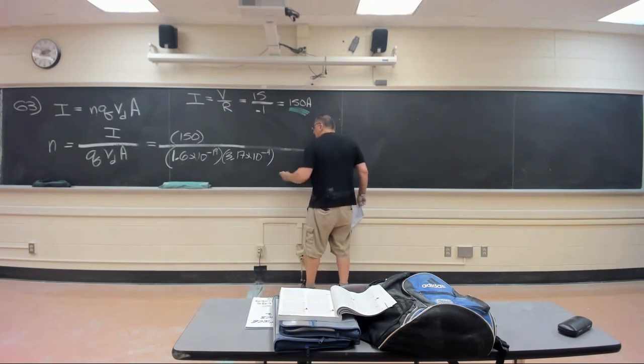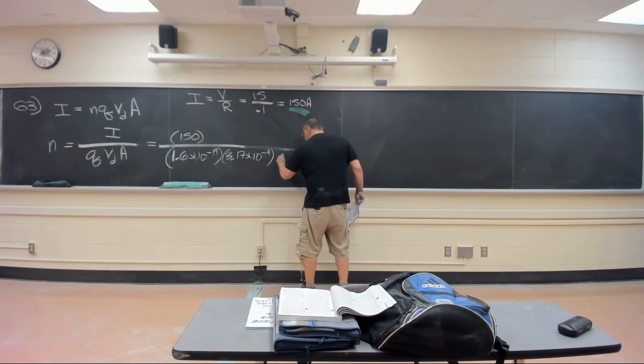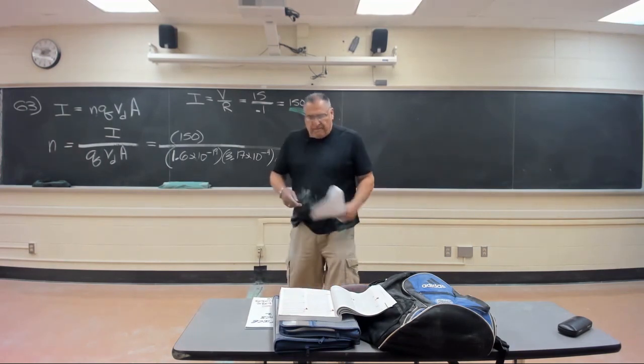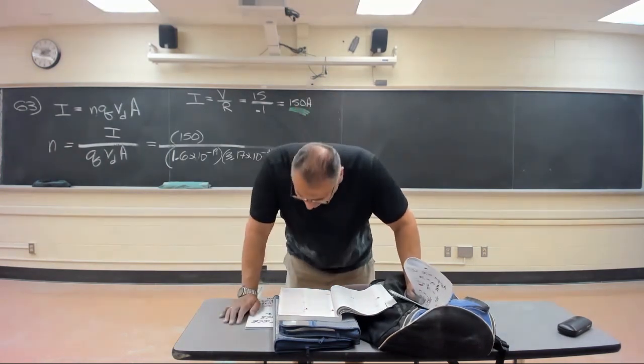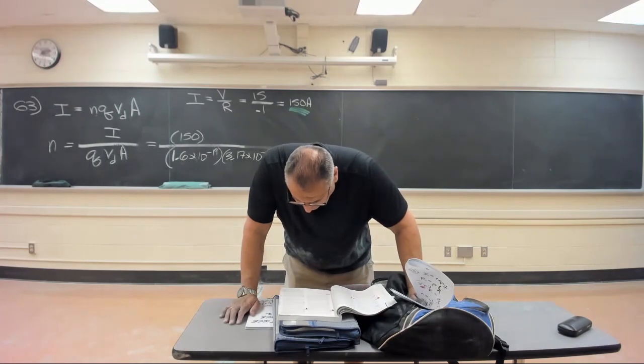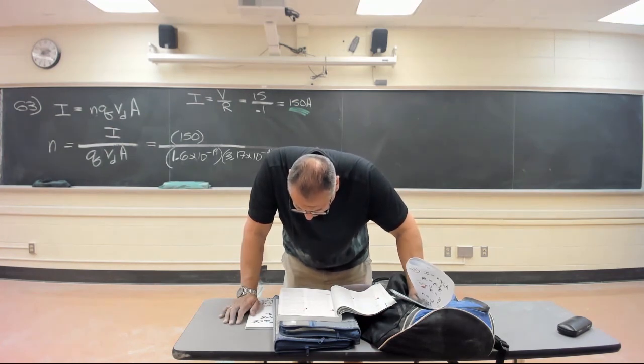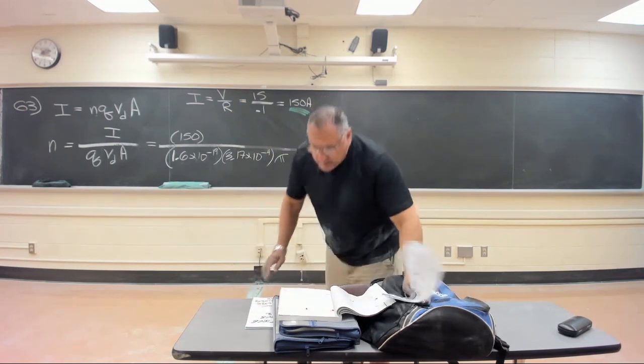What's the cross-sectional area? Well, cross-sectional area is pi r squared. Pi is pi. They made it easy. 5 millimeters is 5 times 10 to the negative 3 meters. That is what the radius is.